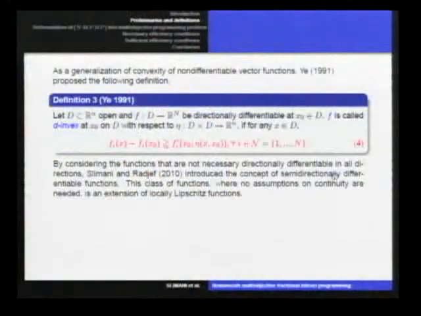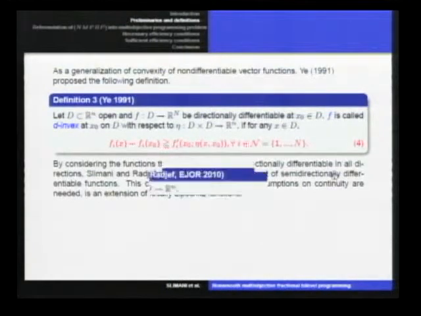In a previous paper of mine, we considered functions that are not necessarily differentiable in all directions. Thus, we introduced the concept of semi-directionally differentiable functions. This class of functions, where no assumption of continuity is needed, is an extension of locally Lipschitz functions.